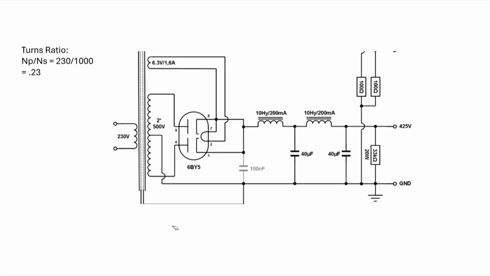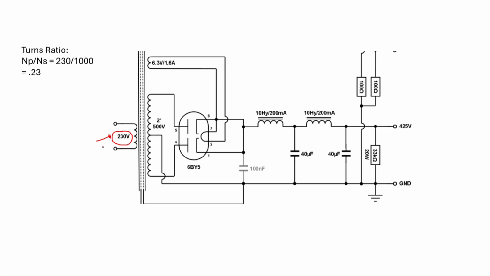This is a power supply circuit. It's a pretty practical circuit for an actual amplifier. And so whoever the designer was said that, okay, typically we would have 120 in. I don't know why they're using 230 here. I don't know if that's Europe or I'm not sure what, but let's work with it.